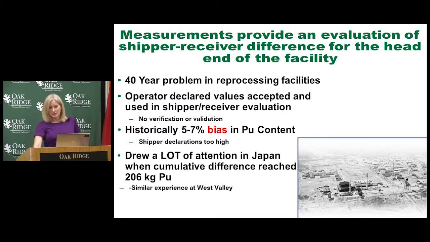So the shippers had declared over the years more than 206 kilograms of plutonium, higher than was measured in the input accountability vessels at the reprocessing facility. We also had a similar experience at the West Valley Reprocessing Facility here in the United States.